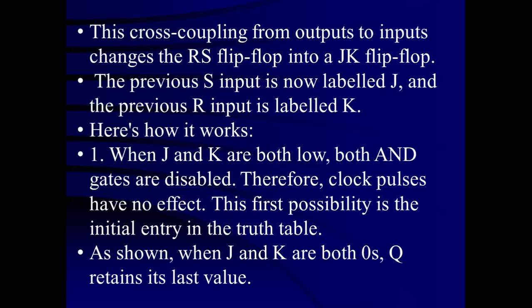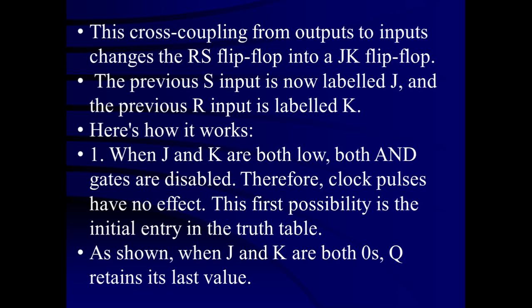This way, the RS flip-flop is modified. This cross-coupling from outputs to the inputs changes the RS flip-flop into the JK flip-flop. The previous S input is now labeled as J and the previous R input is now labeled as K. Here is how it works.